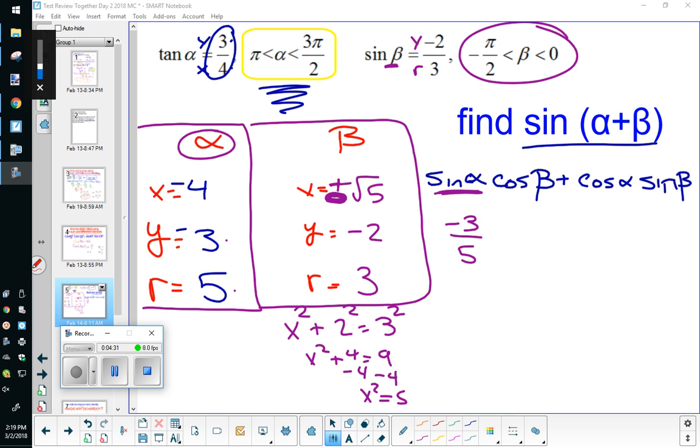Cosine of beta, cosine is x over r, so it's radical 5 over 3. Plus cosine of alpha, looking at alpha, cosine is x over r again, so it's -4/5.